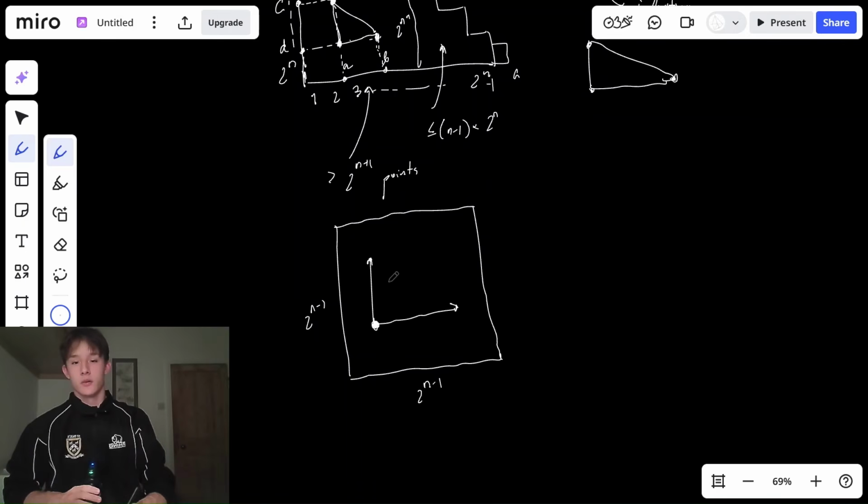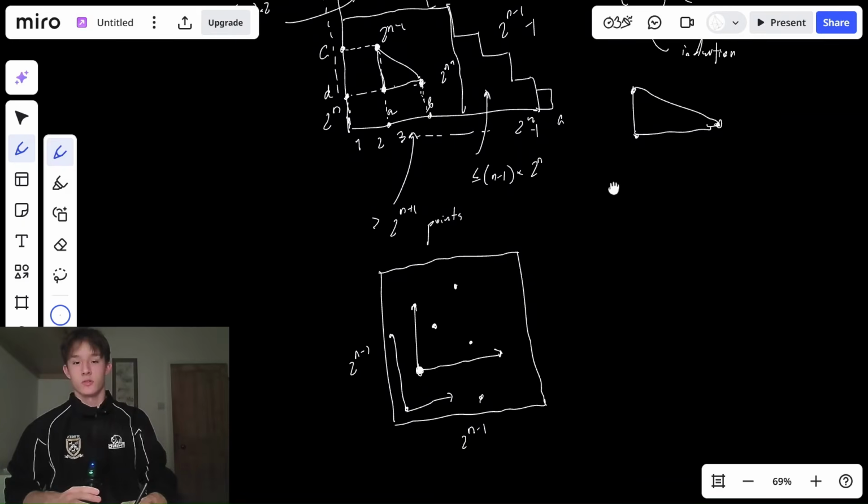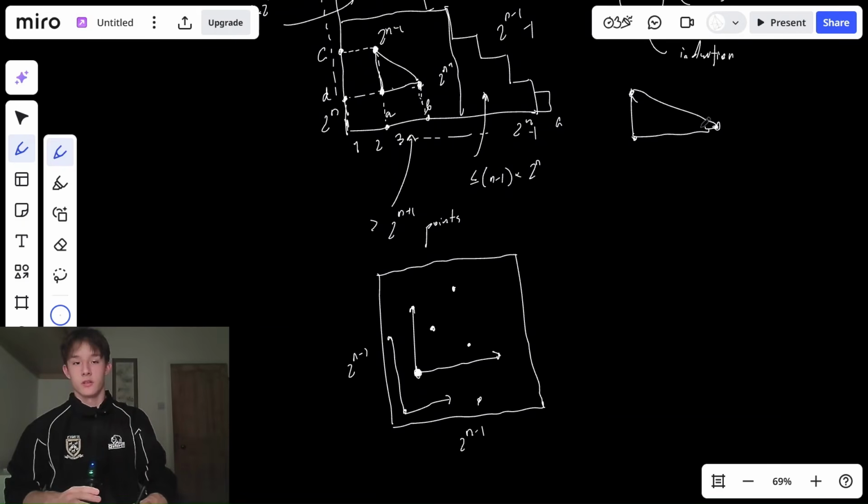So let's imagine that we take every single point, every single one of greater than 2 to the power n plus 1 points, and what we do is we draw two lasers like this from each side. This is motivated because we're trying to find these lasers essentially.